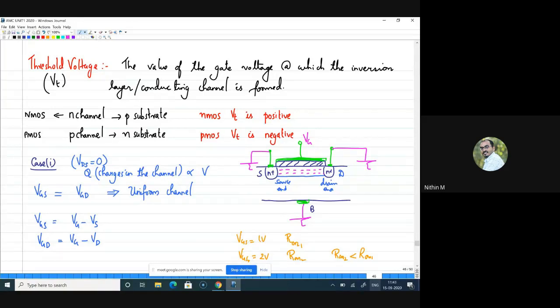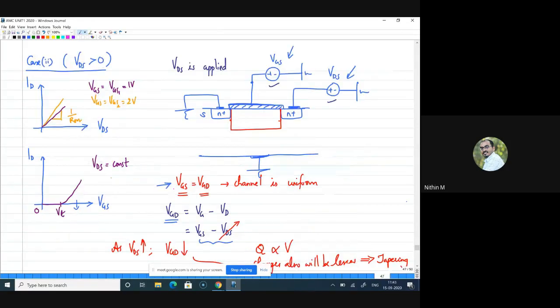So the amount of charge available at the source end and drain end of the channel is equal, for the reason that the potential available at the source end is VGS, and that at the drain end is VGD, and both are equal, so that results in a uniform channel. But as you start applying VDS, the first thing is we can expect a current.